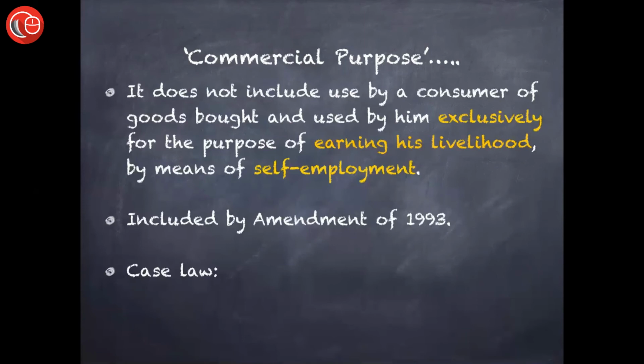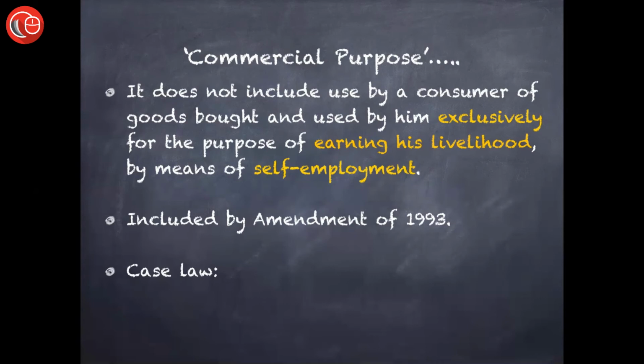So if a particular good has been bought by a consumer and he is using that good exclusively for earning his livelihood, and that good is the sole source of his livelihood, and he has employed himself in that good, that transaction would not be called commercial purpose, and thus that person would be counted as a consumer under this Act.